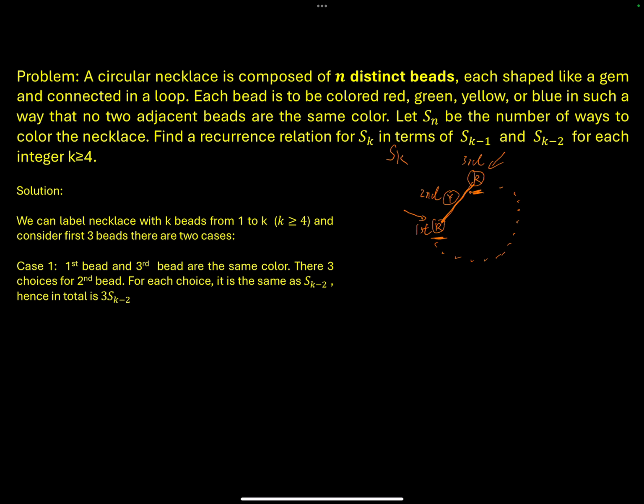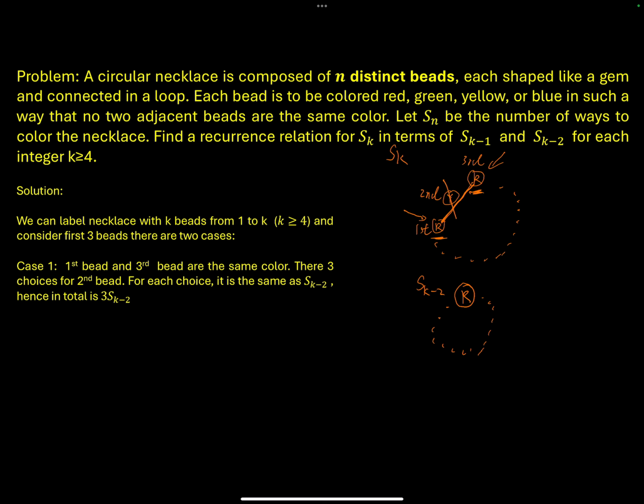If we merge the first and third red beans, we still have the remaining k minus 3 beans plus the merged one. So in total, this case becomes Sk minus 2, because we remove the second bean and combine the first and third bean.